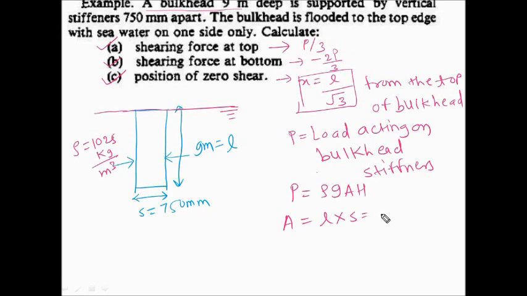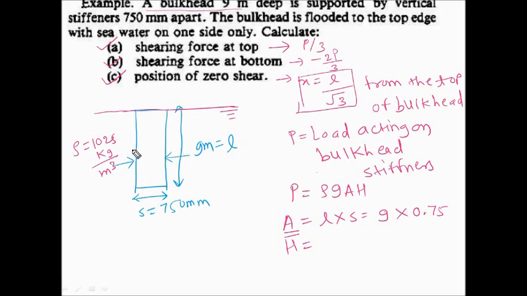Here L is 9 meter, and S is 750 mm. I will convert that into meter, so it will be 0.75 meter. So you will get the value of A. Then you can calculate what h is here. h is the distance measured from the free surface up to the centroid of this rectangular plane.